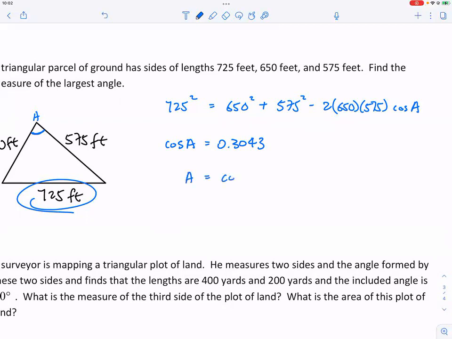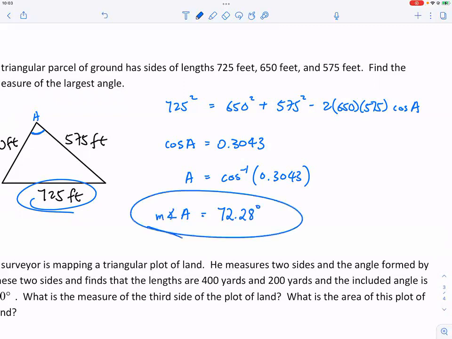So angle A is simply the inverse cosine of 0.3043. So your measurement of angle A, the largest angle, would be 72.28 degrees.